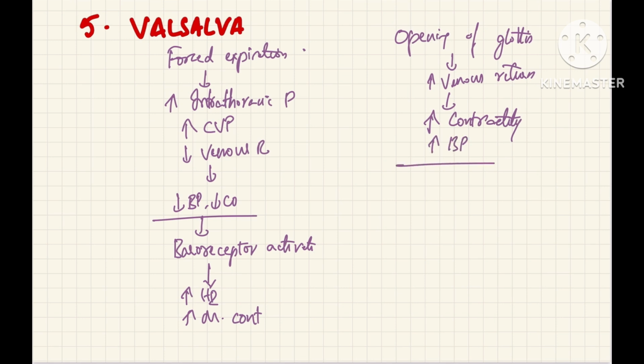Again, the baroreceptors activate, leading to parasympathetic efferent pathway stimulation, leading to decreased heart rate and decreased contractility. In Valsalva, after the changes in the blood pressure, the baroreceptor reflex takes over, and then the changes are according to the baroreceptor reflex.